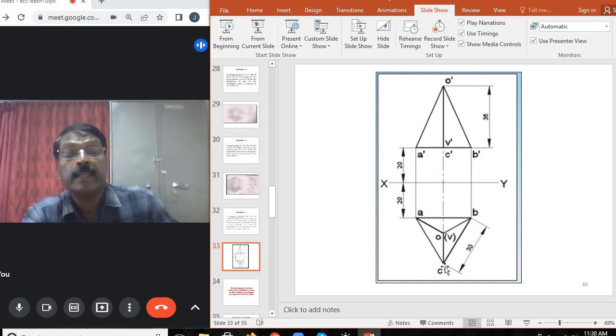Now locate C dash by projecting C. Now the base is over. From C dash take the height of the pyramid, 35 mm, and locate the vertex O dash. Now join O dash with A dash, O dash with B dash and O dash with C dash. So the projection of the top view and front view is over for this problem.